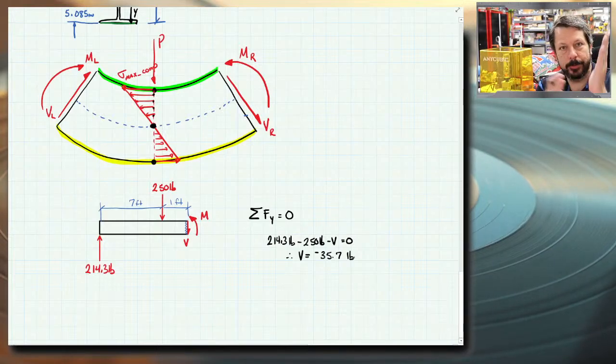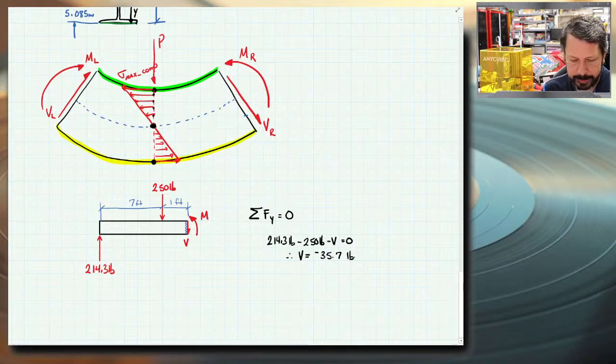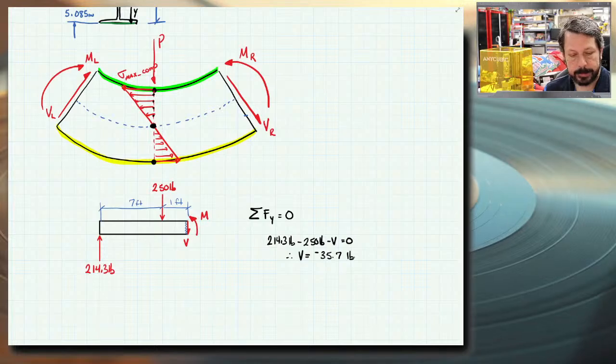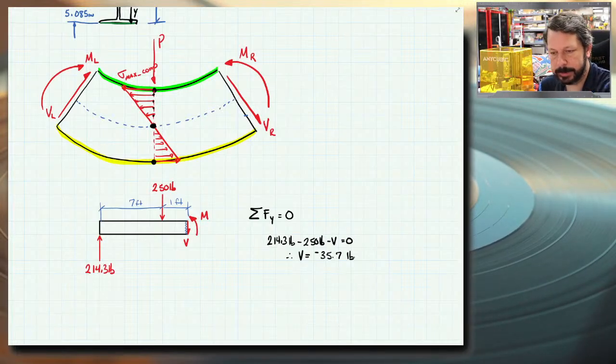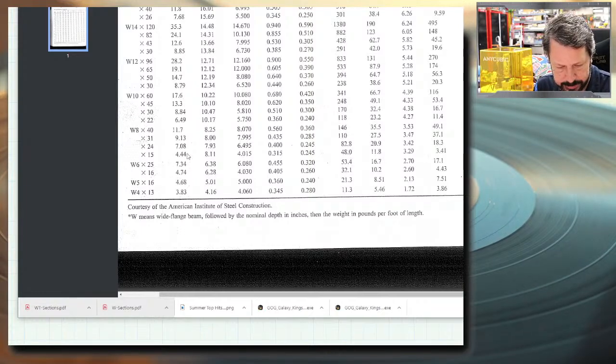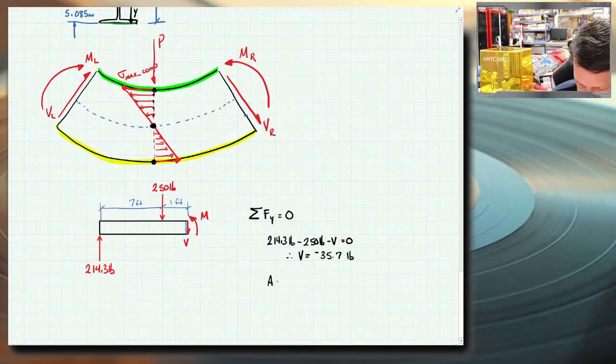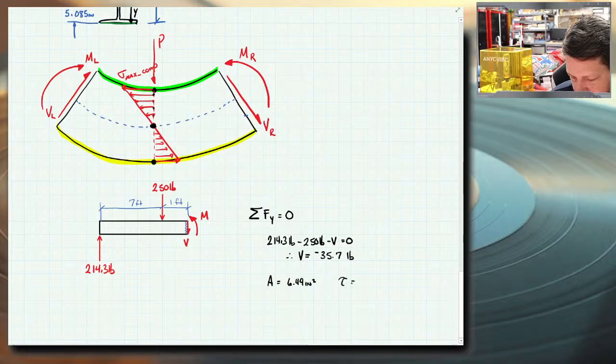Again, shear doesn't really matter which way it shears. So we've got that value. It doesn't help us in solving our bending stress equation, but it would give us a value to solve for our shear stress. If you remember, we looked at the area, and it was like 6.49 square inches. So therefore tau is a really tiny number. 35.7 pounds over 6.49 inches squared.